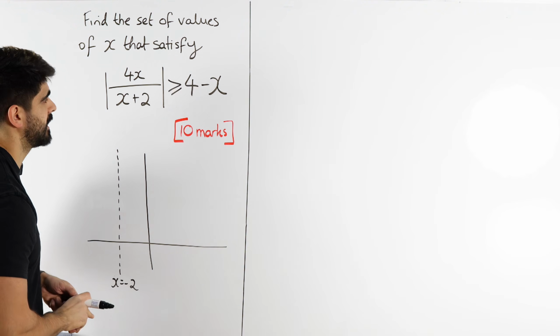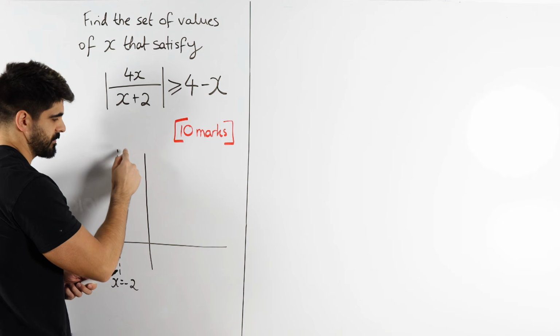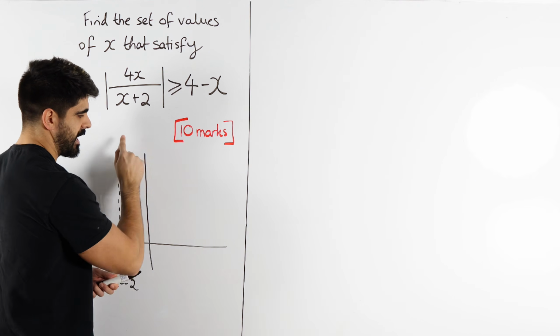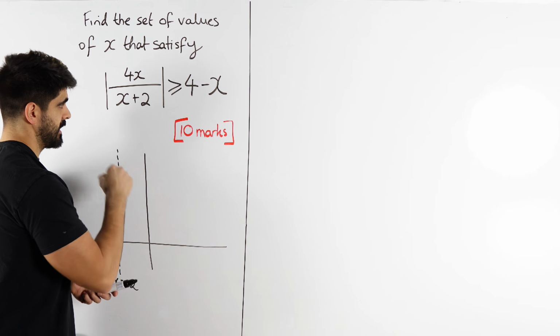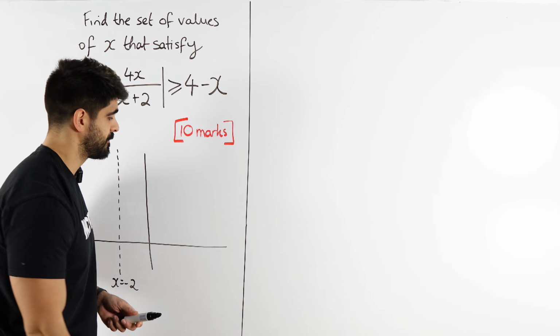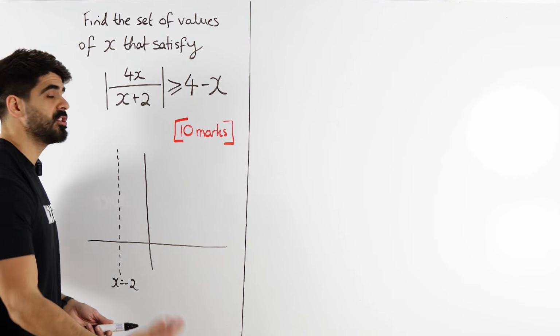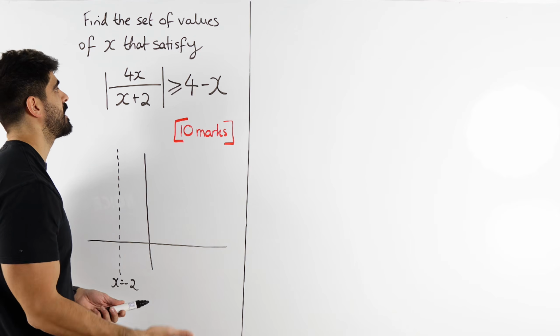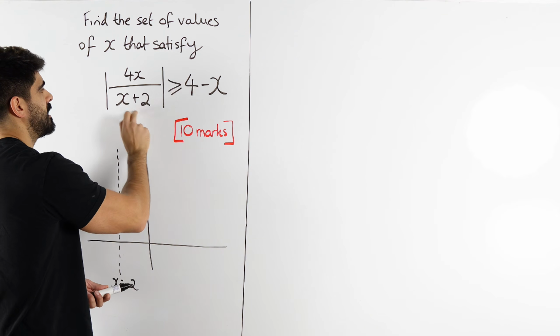The next thing we need to do is find the y-asymptote. Now, we all know that recip graphs go off to infinity and they tend towards the asymptote. So what we do is we consider when x tends to infinity. There's different ways you can think about this. One way is in your calculator, you store the value of like 1,000,000 and you do 4 times 1,000,000 over 1,000,000 plus 2.